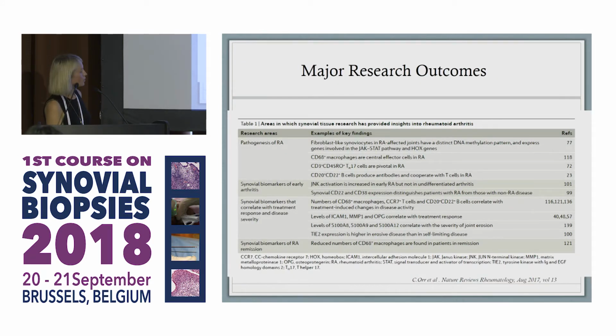So I think Doug covered major research outcomes pretty nicely, and this is a paper that he was senior author on as well, which also summarised it very nicely and led by Carl Orr.